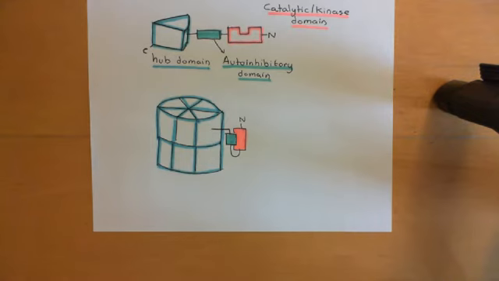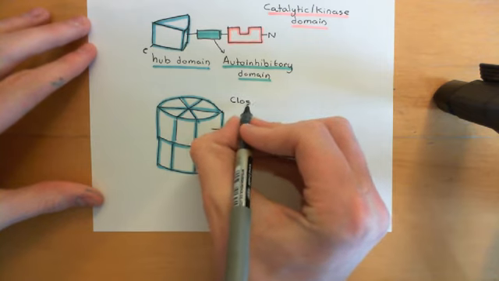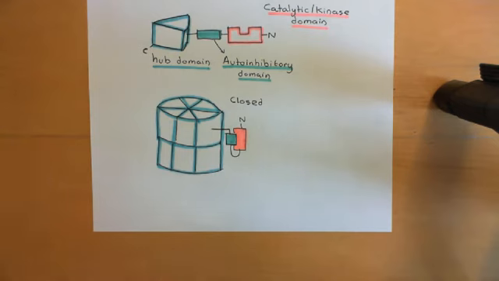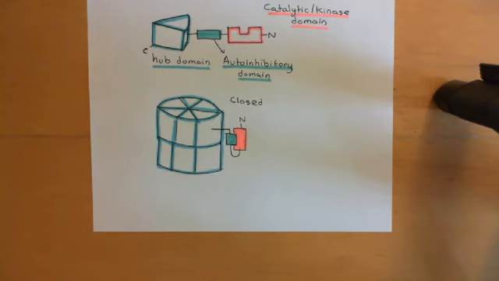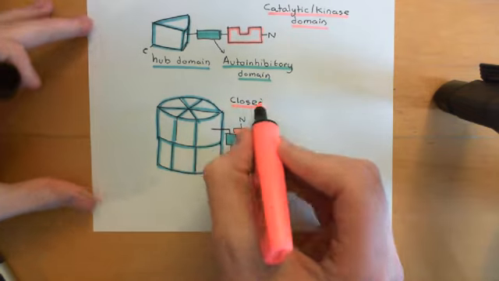So this is one conformation then that this inactive CamKII 2 monomer in this dodecamer can exist in, and this is what we might call the closed conformation. Because when the CamKII 2 is in this conformation, it is inactive. It's inactive because the catalytic domain is being inhibited by this autoinhibitory domain, but it's not actually even activatable.